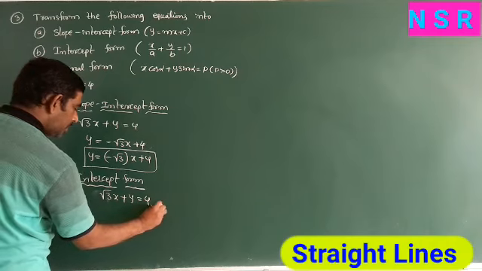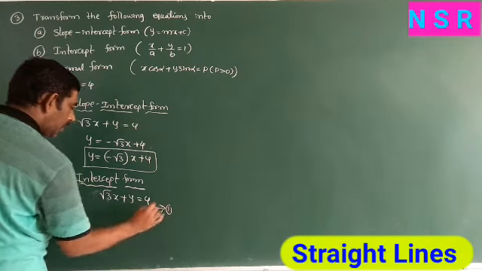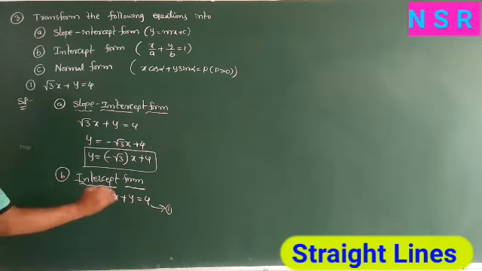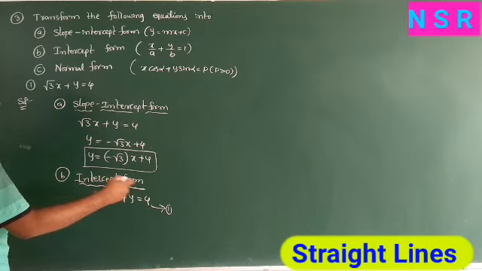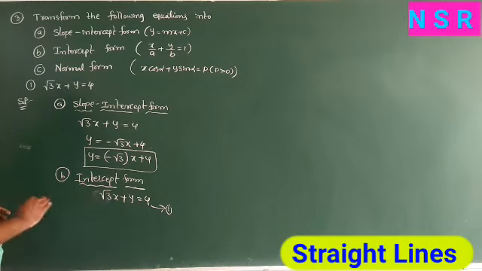Now take this as equation 1, and divide both sides of equation 1 by 4. If after the equal sign we have 1, don't divide by any value. If we have something other than 1, divide by that value. So here 4 is there.